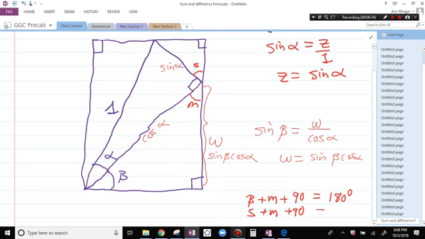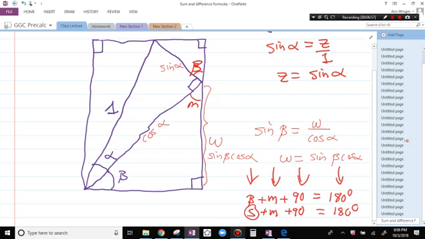That's also 180. So what's S? S is beta. This is beta, and this is also beta, okay?